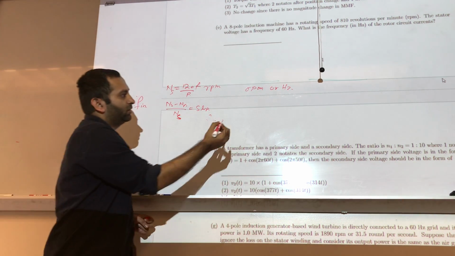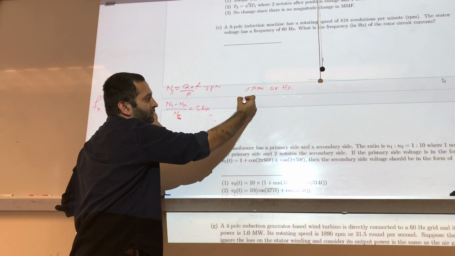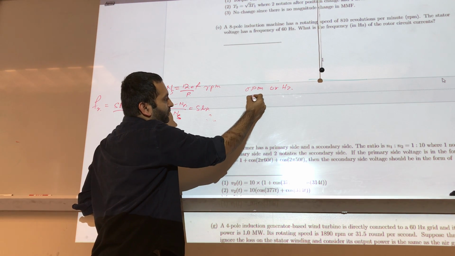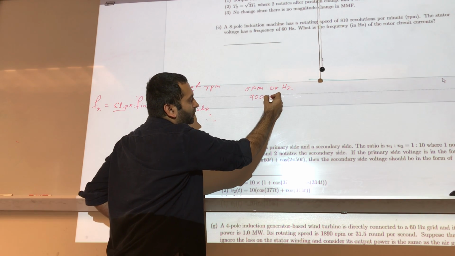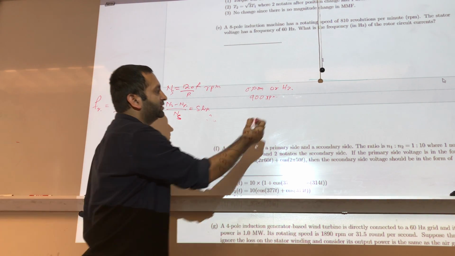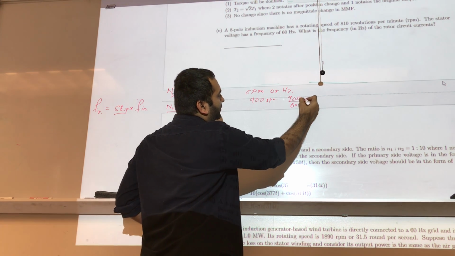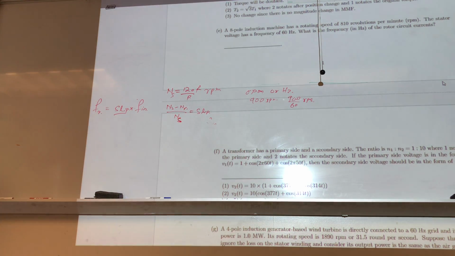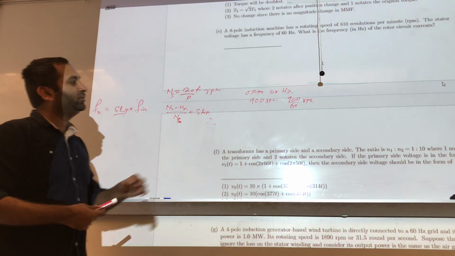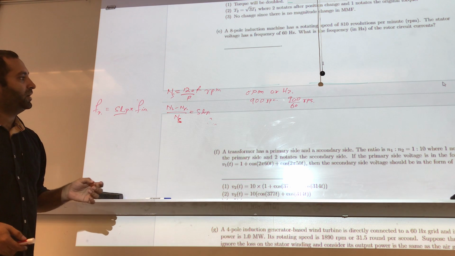So to transform from RPM to hertz, if you have 900 RPM, to convert it into hertz you can just do 900 over 60, because this is RPS. Hertz is the same as RPS, revolutions per second. But usually you don't have to convert it, you can just use RPM and solve it.